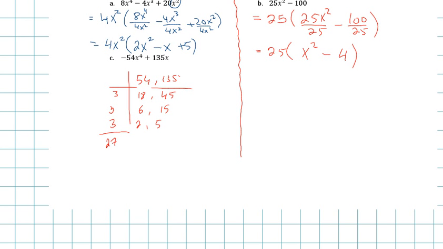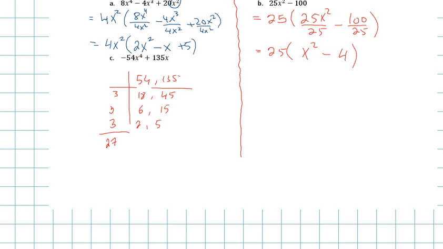Then they keep doing the same thing until they get to a number that can't be divided anymore. So 18 and 45. I can divide 18 by 2, but I cannot divide 45 by 2, so I can't use 2. Let's try 3. 18 divided by 3 gives you 6, 45 divided by 3 gives you 15. So I can use 3 again. Now I have 6 and 15.